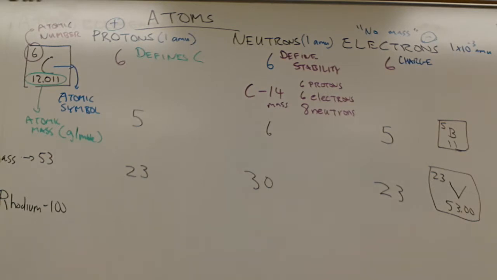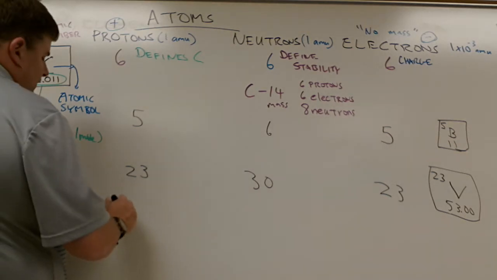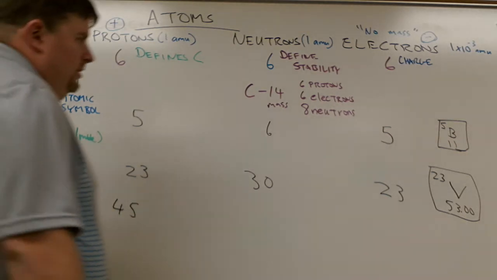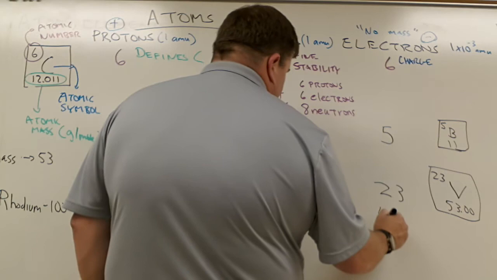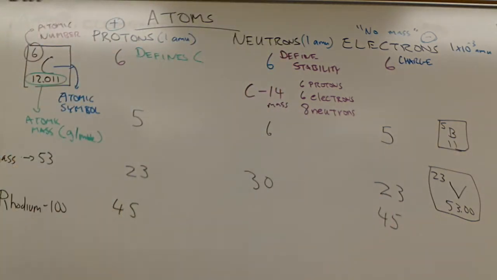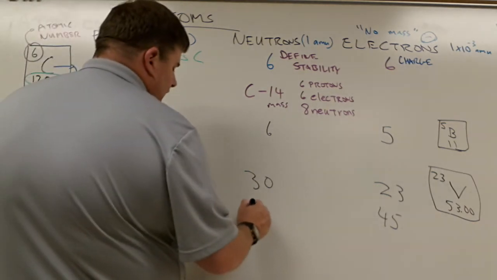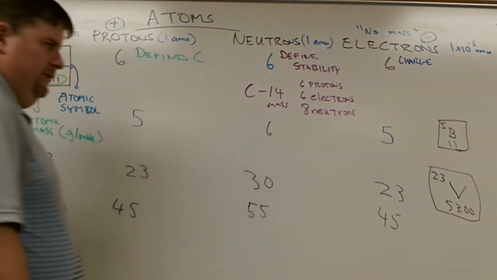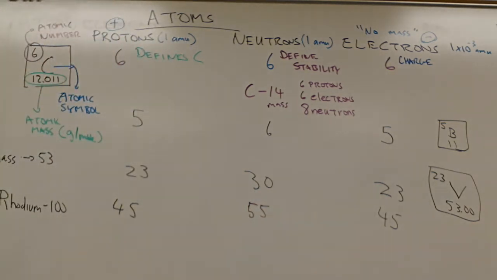Rhodium comes in at 45. So the number of protons I've got is 45. The number of electrons that I've got is 45. Okay. The number of neutrons that I have, take 100, subtract 45, and I'm left with 55. Okay. Feel better about chemistry? I do. All right. One more example.